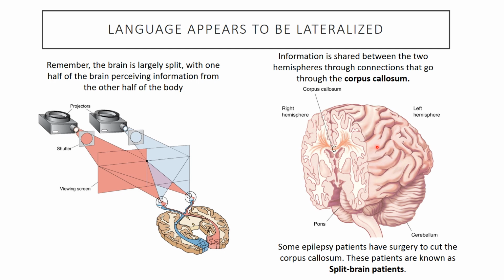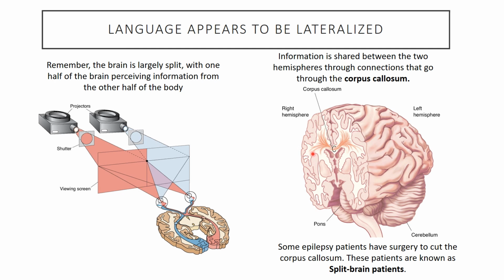Now there are epilepsy patients. These are patients who have spontaneous seizures. Their seizures can be so bad that they need some sort of surgical intervention to help ameliorate the problems that they have. For some patients, the seizures start on one side of the brain, and then spread via these axons through the corpus callosum to the other side of the brain.